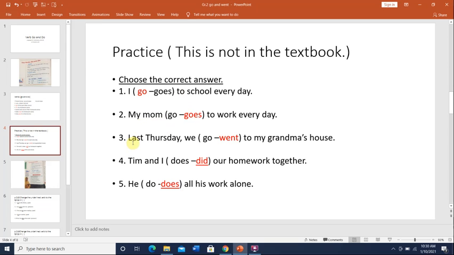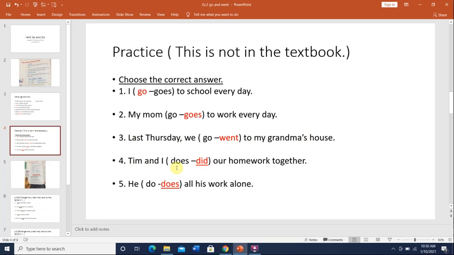But what if it says last Thursday? That shows you that the sentence is in the past and we go straight to went. Last Thursday, we went to my grandma's house, because it's in the past. Number 4, Tim and I did our homework together.